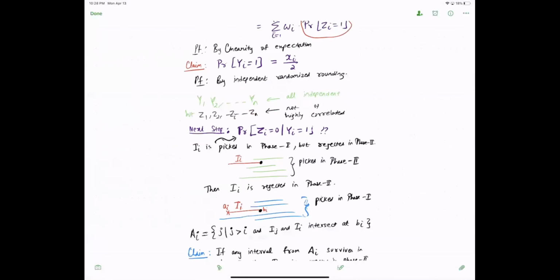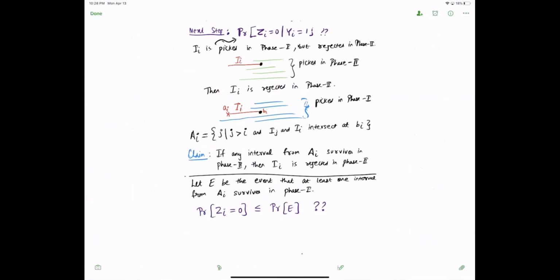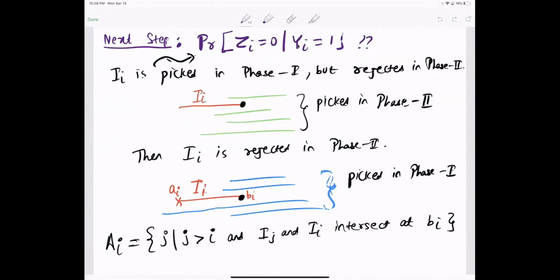I should go back and correct myself here. I'm sorry about that. So here I said... no, actually I didn't make a mistake. The definition of Ai is still valid. You're picking all j's which are greater than i, and they intersect Bi. Okay, that's the only definition I needed.